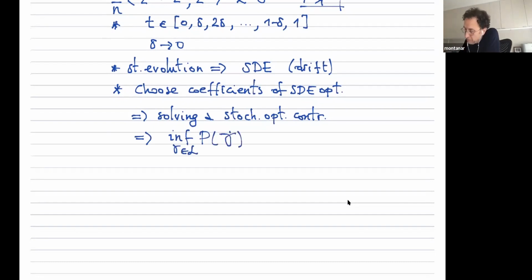The reason why the max becomes an inf is exactly here, because you start with the stochastic optimal control problem in which you are choosing your algorithm to get the maximum possible value, and this inf is the dual of the stochastic optimal control problem. This kind of duality is also present at the level of the classical Parisi formula, but here it is a slightly different optimal control problem and gives rise to a slightly different formula, in the sense that the constraint set is different. Okay, so I'll try to fill this in the next lecture.